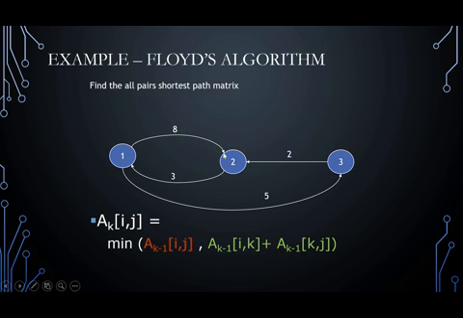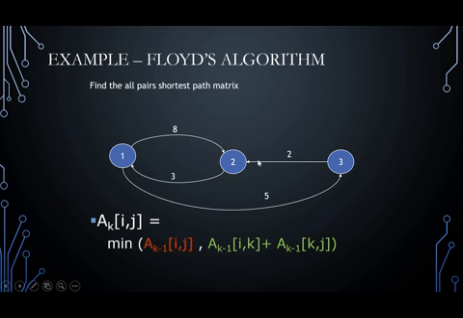When I consider 3 as an intermediate node, from 1 to 3 the distance is 5, and from 3 to 2 the distance is 2. 5 plus 2 becomes 7. When 7 is compared with 8, 7 is smaller.